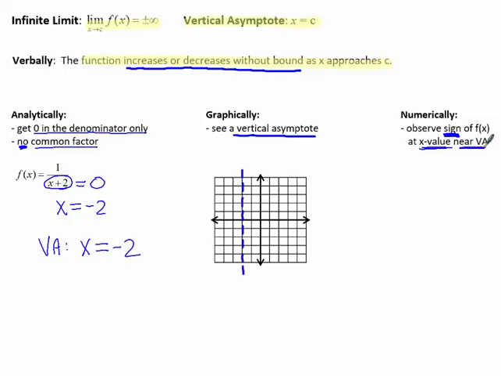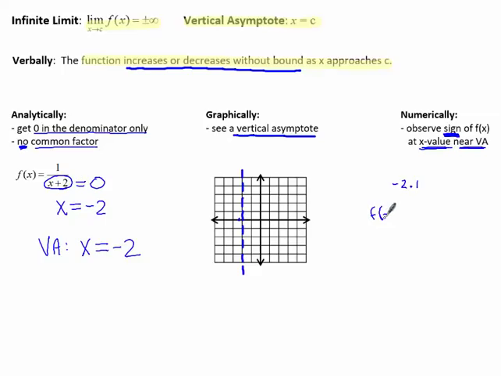For example, near negative 2, but just to the left, we know that the function will either have to be way up here or way down here. So what is a value near negative 2 but just to the left? How about negative 2.1? If we plug that into our function, we will know that either they're very large or very small.